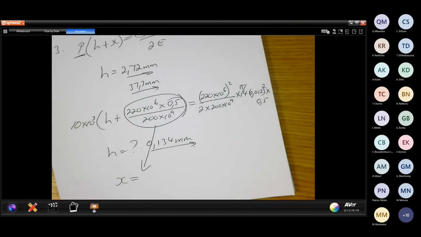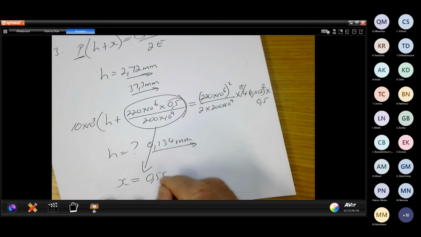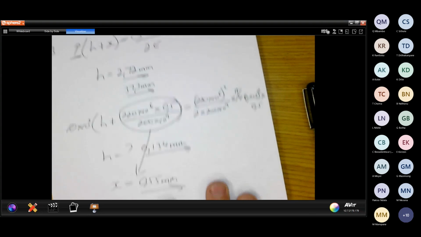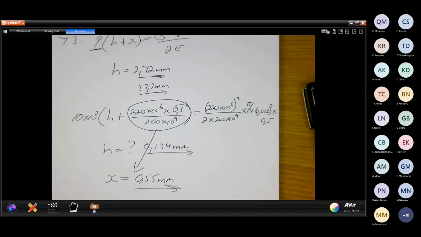It's equals to what? 0.55 millimeters. Right. See, people, this chapter is a straightforward chapter, but there's a lot of calculations, and this is where people sometimes make mistakes. All right.